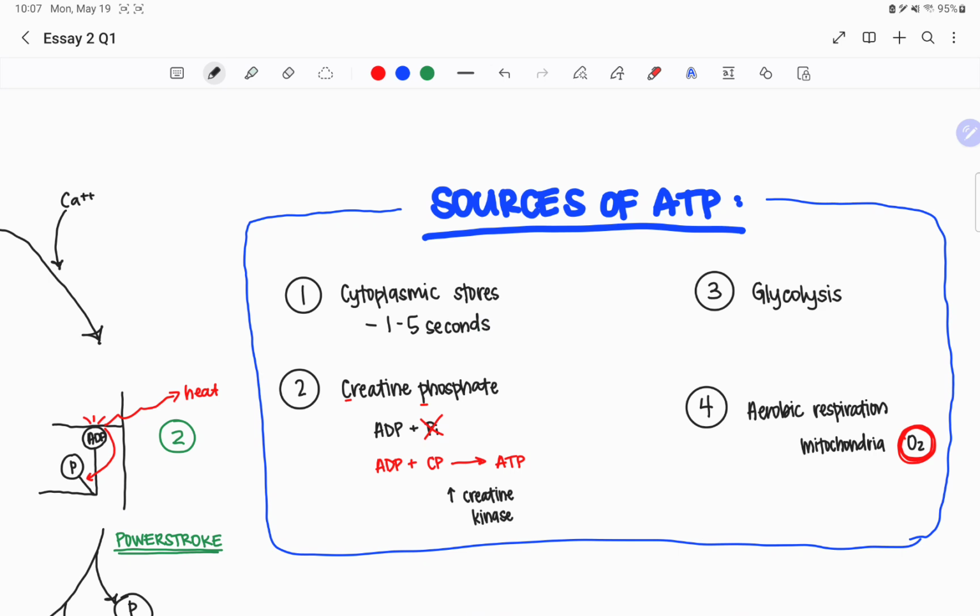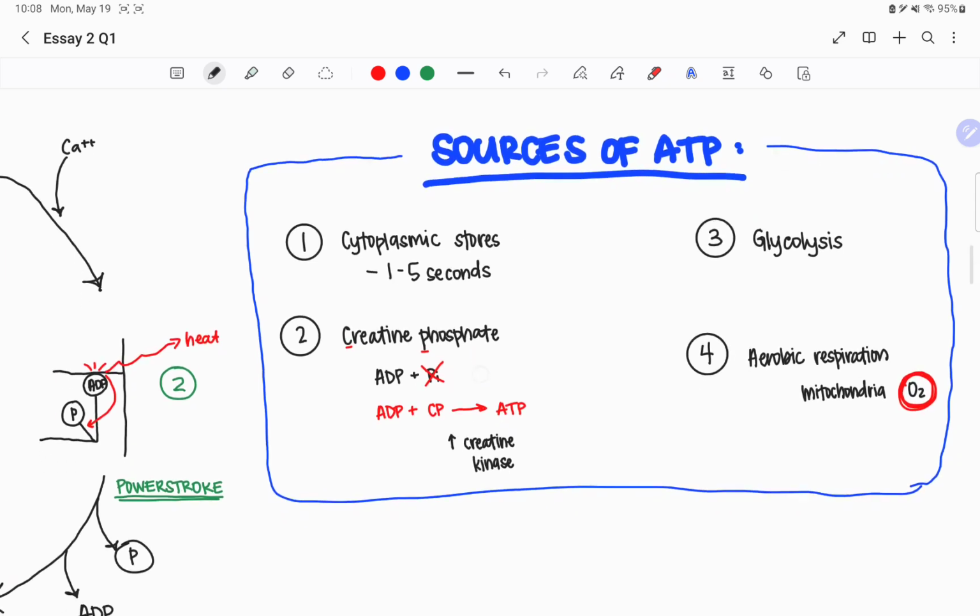So obviously we're going to burn those really quick. Those are meant for super quick bursts of energy. You know, if we have to contract something really fast, probably something like if you put your hand on a burning stove, just that quick reflex jerk away, get off of it. It's going to use up that ATP.